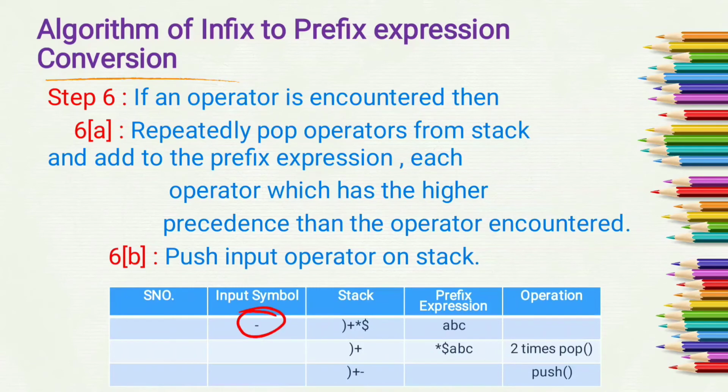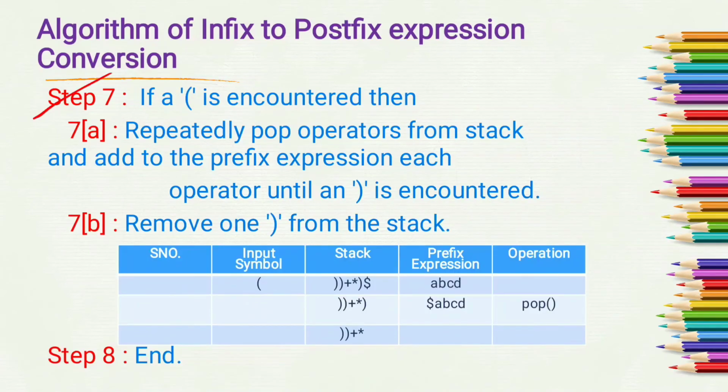Now compare minus and plus, as both have the same precedence. We can only pop the operators which have higher precedence than the input operator encountered. But here both have the same precedence, so we cannot pop plus from the stack. We push minus over the plus into the stack.